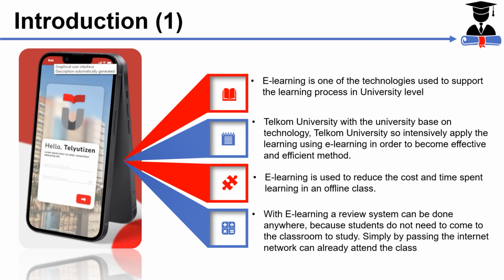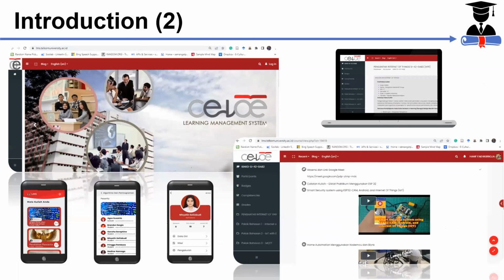Students do not need to come to the classroom to study; simply by using the internet network they can already attend the class. Here is an example of the e-learning management system in Telkom University.